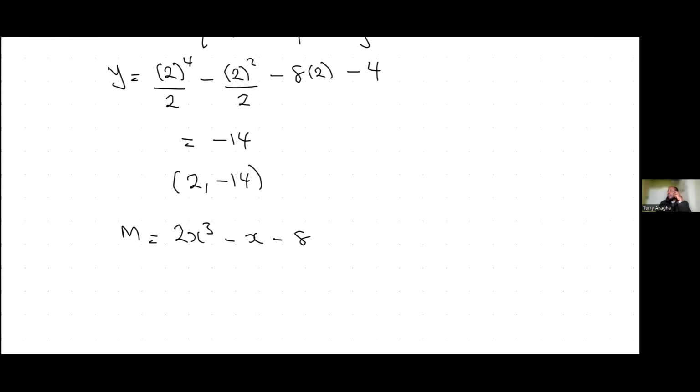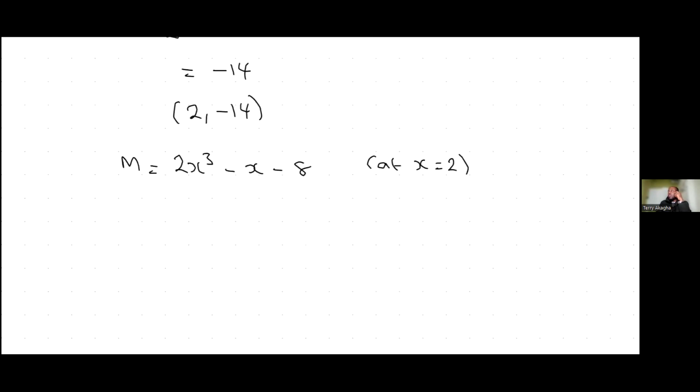So at x equal to 2, what is the slope? So we're going to substitute it as well. So that will give us 2 into bracket 2 raised to the power 3 minus 2 minus 8. Okay, so therefore the slope, in this case, the slope of the tangent, will be equal to 6.